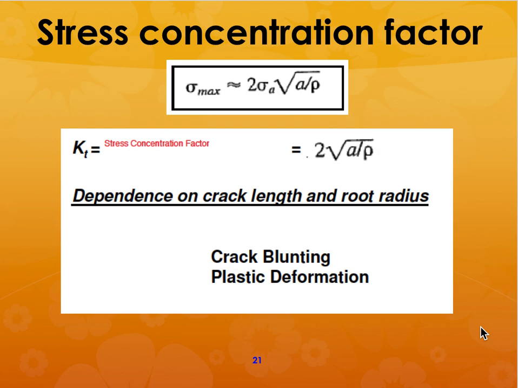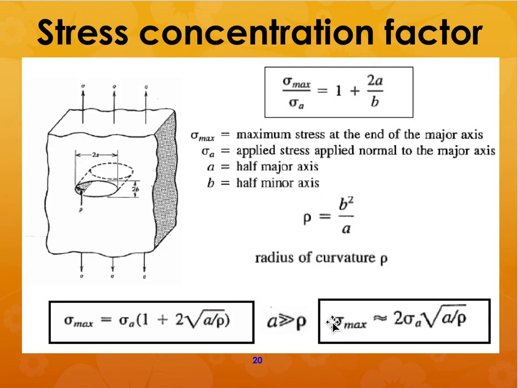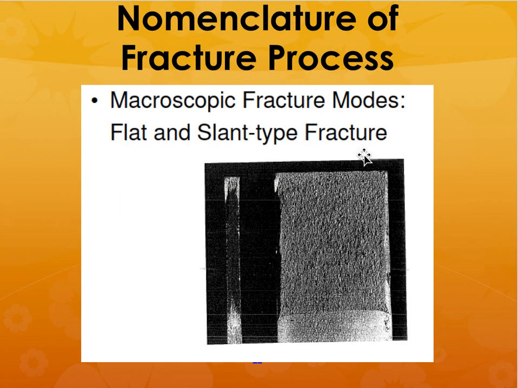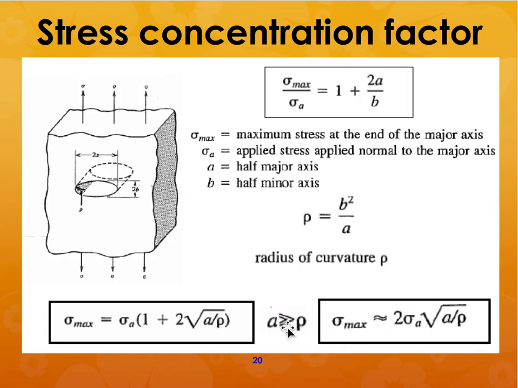So the stress concentration factor: sigma max is approximately equal to 2 times sigma applied into under root a over rho. And you are assuming here that a is greater than rho, the radius of curvature. I mean, this is what it shows, right?